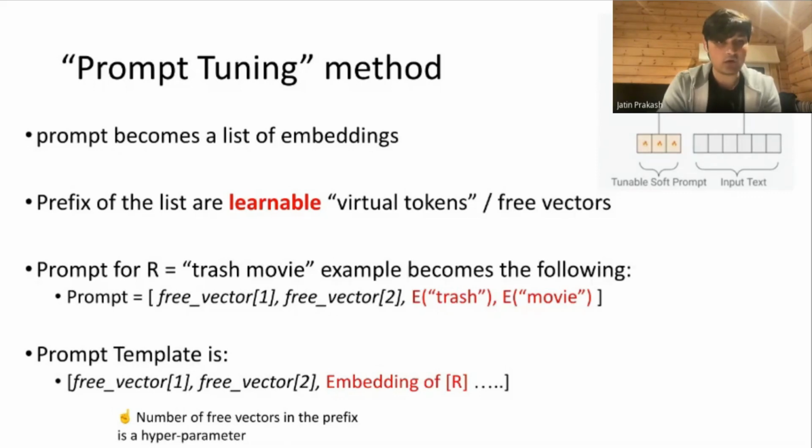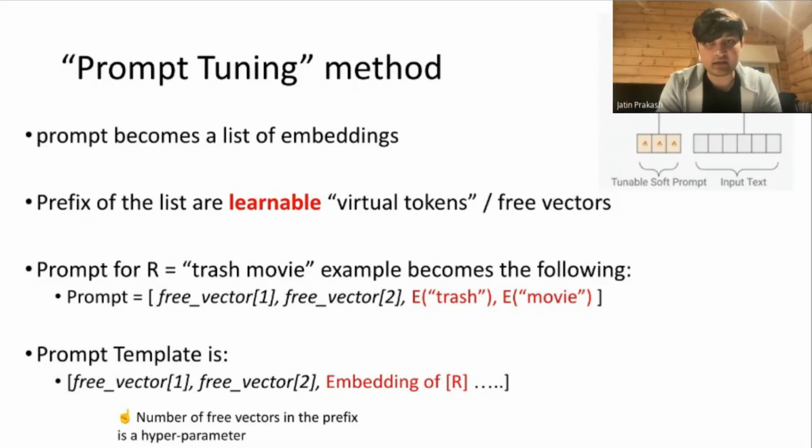More generally, my prompt template, instead of being in English, is a list of embeddings. As Yasser pointed out correctly, the number of free vectors in the prefix is a hyperparameter, and then this is followed by the embedding of r, for which we want to predict the sentiment.